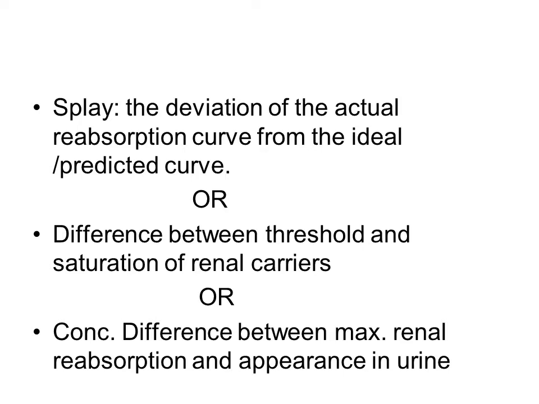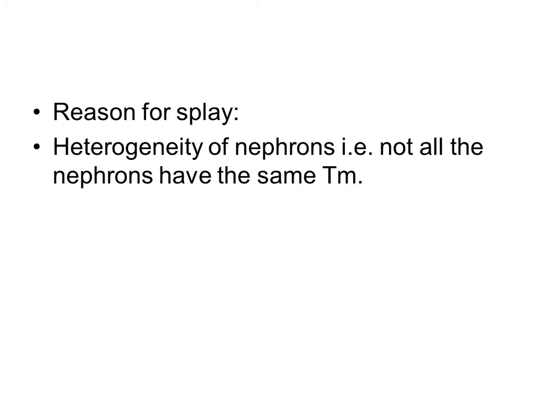In other words, it can also be said that it is the concentration difference between maximum renal reabsorption and the appearance of glucose in urine. The reason for splay is the heterogeneity of the nephrons, that is, not all the nephrons have the same transport maximum.